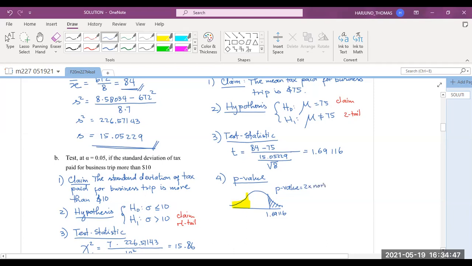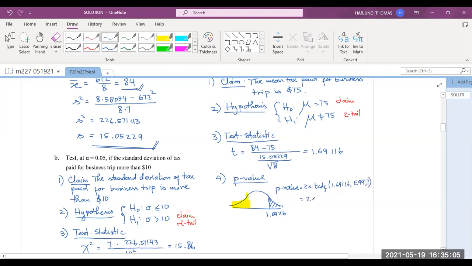Oh, I'm sorry, not normal CDF, T CDF. 2 times T CDF, 1.69116, degrees of freedom 7.